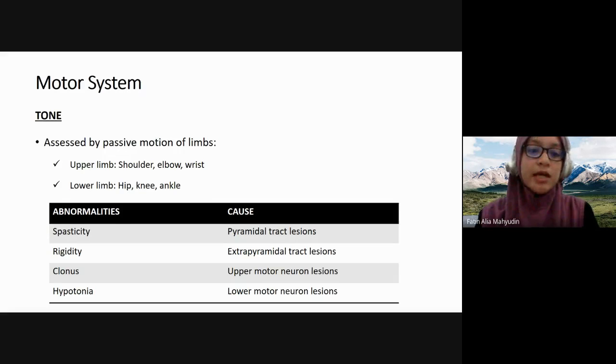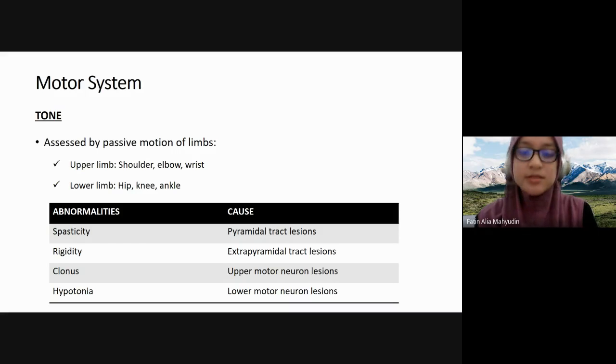Okay, and then when we are assessing the tone, we can observe for any abnormalities including spasticity, rigidity, clonus, or hypotonia. So for spasticity, it is actually velocity dependent, means that there is typically increased tone in the initial part of the movement, then suddenly reduce.